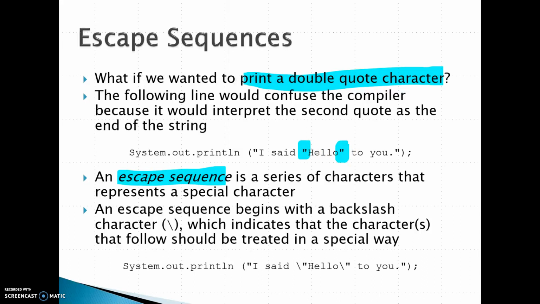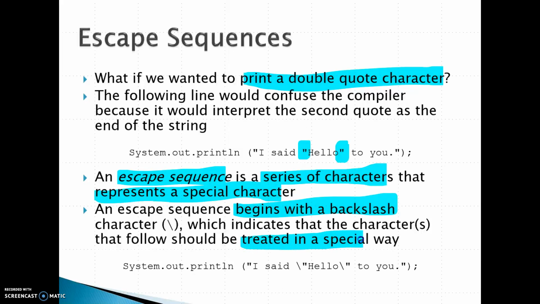An escape sequence is a series of characters that represents a special character. They begin with a backslash, which indicates that a character should be treated in a special way. So in this example below, if I wanted to print the word hello in double quotes, I would use the backslash first. That tells the computer to ignore the quote, that it is not being used to end my string, but instead it is being used in a different way.